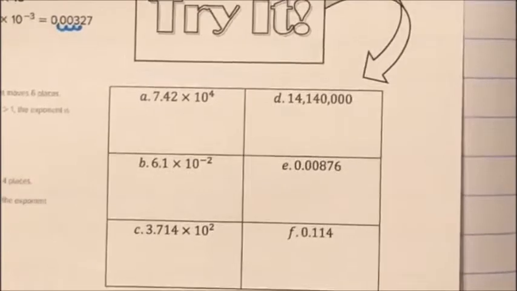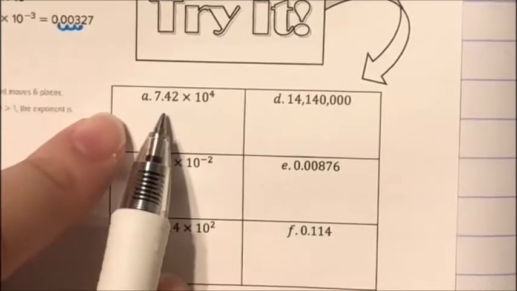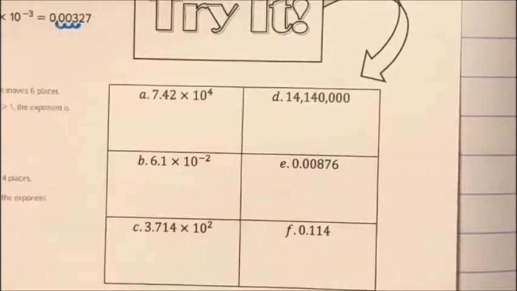All right, now that you've tried the try problems out on your own, we're going to look at letters A, B, C, D, E, and F. So A, B, and C ask me to write the answer in standard form. D, E, and F will ask me to write in scientific notation form. So letter A is 7.42 times 10 to the 4th.